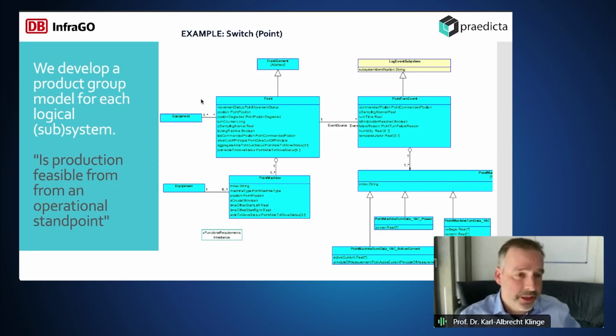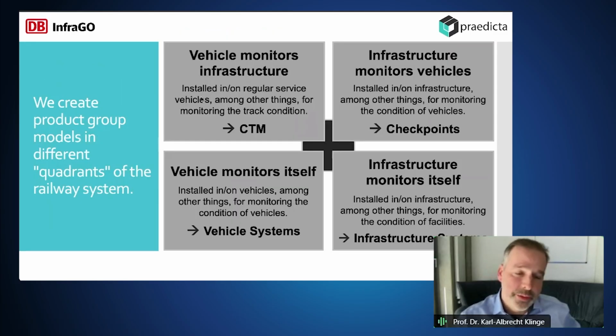So on the next slide, we see that we are not only producing such models for the infrastructure looking at itself. That would be on the lower right side, the infrastructure monitors itself, but the infrastructure could also monitor the vehicles traveling along there, which would be called a checkpoint.